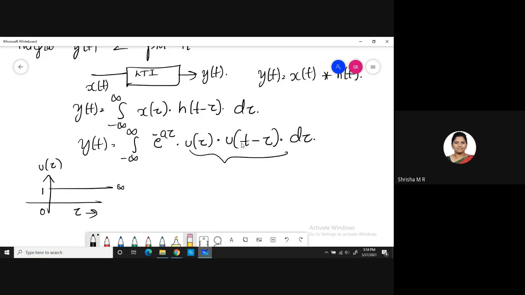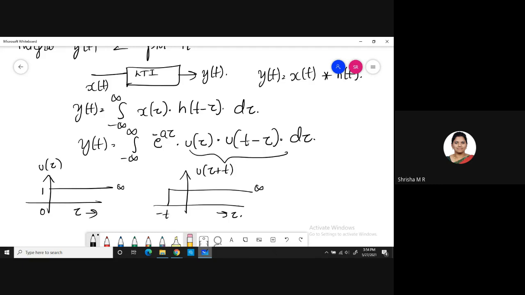How will you plot this? First tau plus t, ma'am, and then time reversal. Yes, correct. First you plot u of tau plus t, then take the time reversal. Tau plus t means from where to where will it exist? From minus t to infinity.